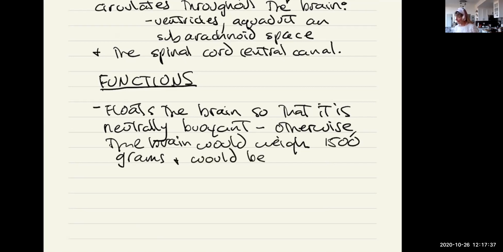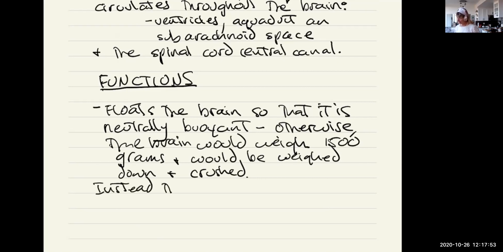And would be weighed down and crushed. Instead, the realized weight of the brain when it's buoyant is just a mere 50 grams. So it doesn't crush the brain tissue.